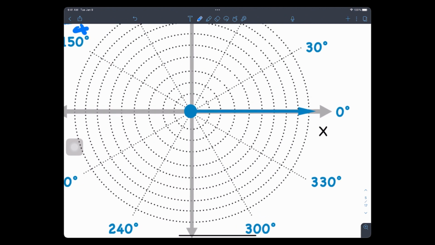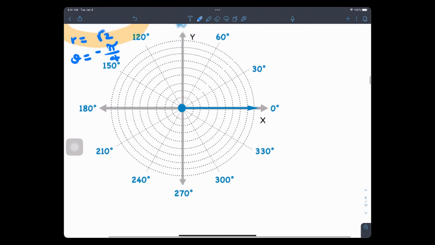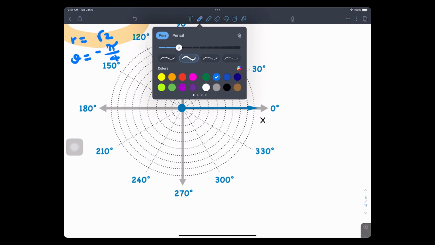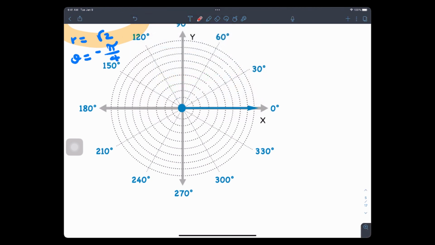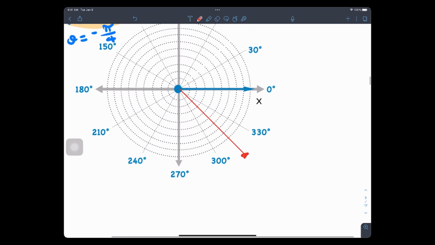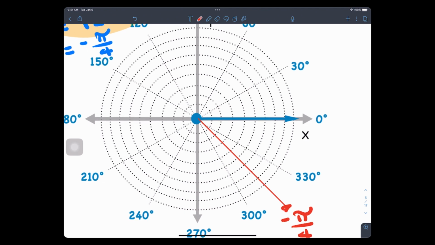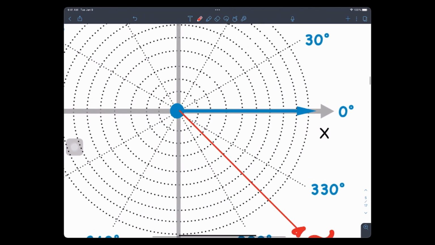So what happens with the negative angle? Do you guys remember? You rotate 45 degrees clockwise. So this is that minus pi over 4 angle, right?